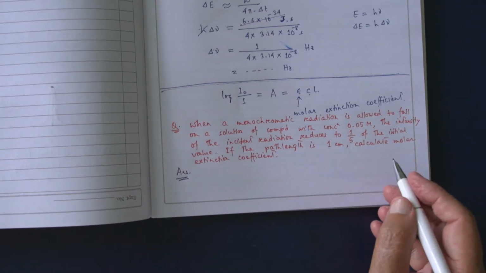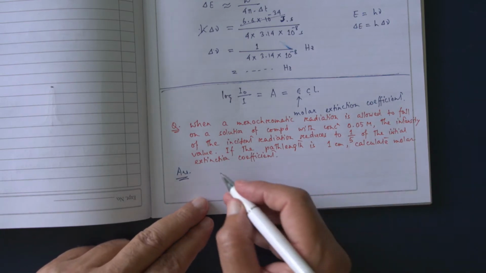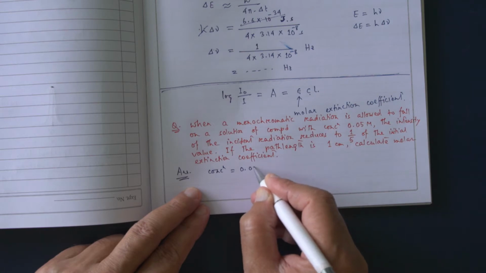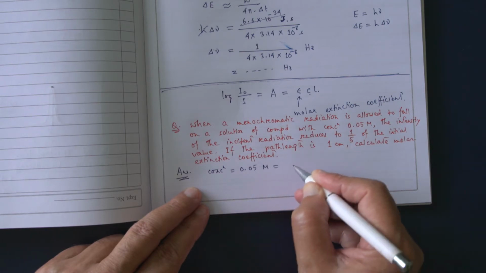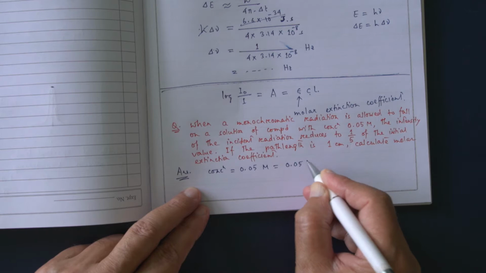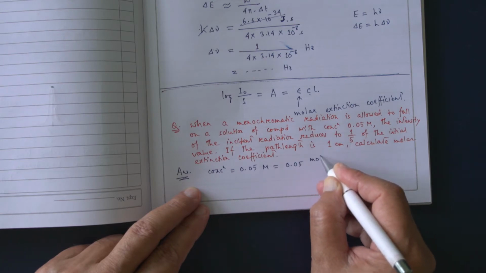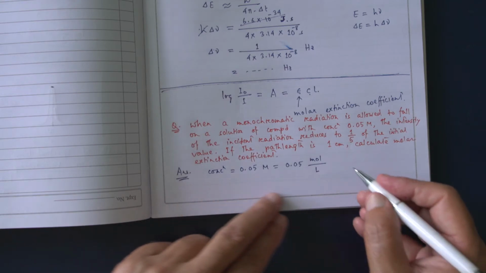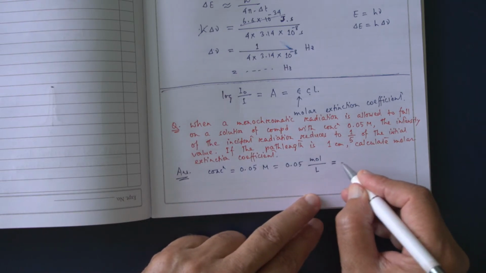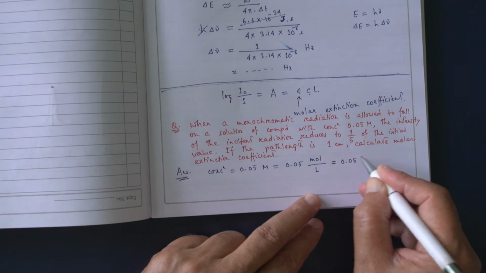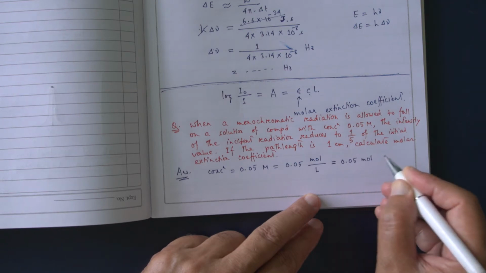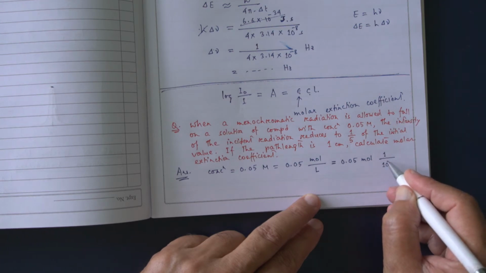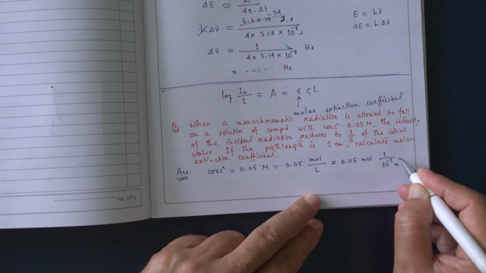So here you see concentration is given, 0.05 molar, that is 0.05 mole per liter. Now if I convert into SI, this will be 0.05 mole per 1 liter. 1 liter means 10 to the power minus 3 meter cube.